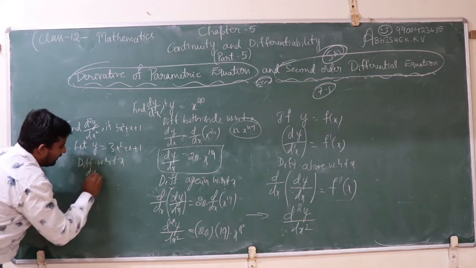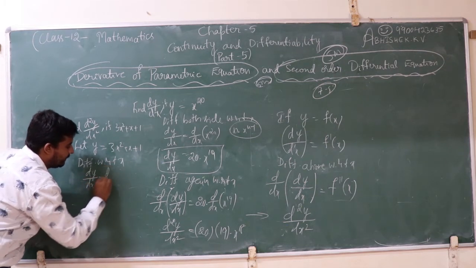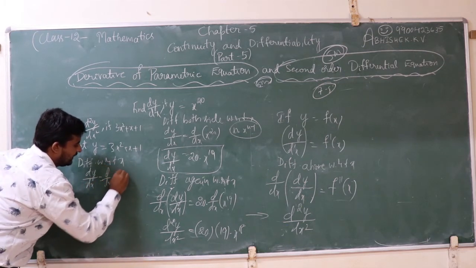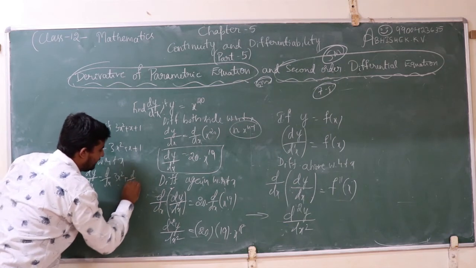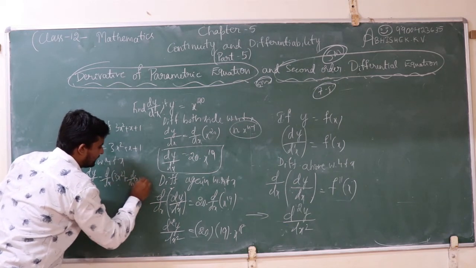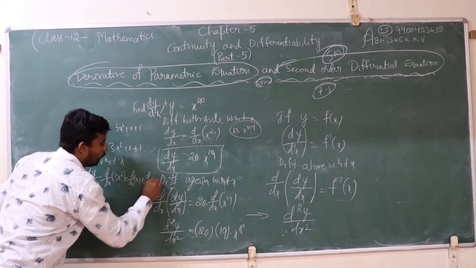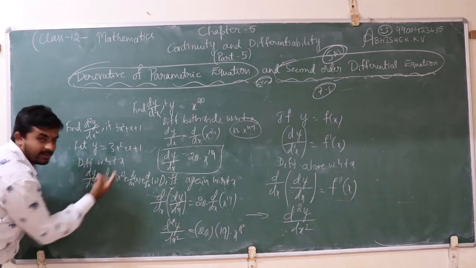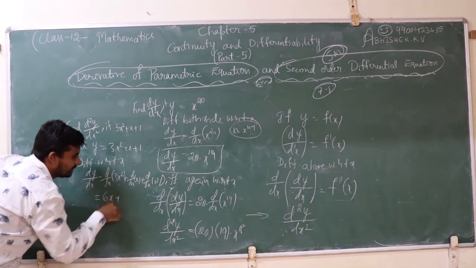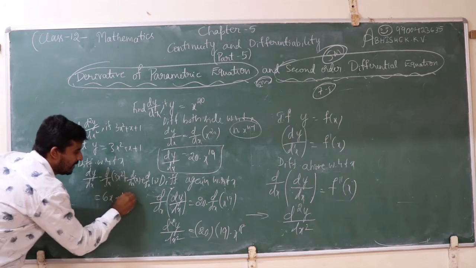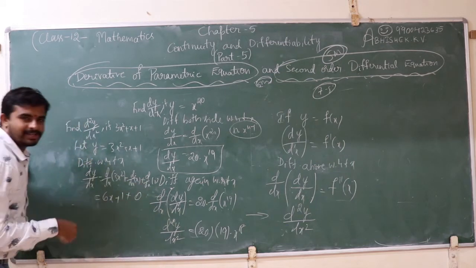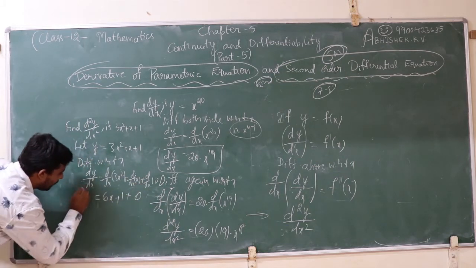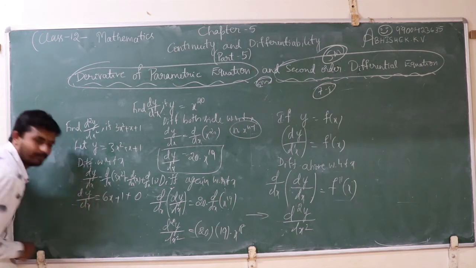Then we get the derivative of first order: d by dx of 3x square plus d by dx of x plus d by dx of 1. This is equal to 6x plus 1 plus 0, because d by dx of 3x square is 6x, d by dx of x is 1, and d by dx of 1 is 0 because it is the derivative of a constant function. This is dy by dx.